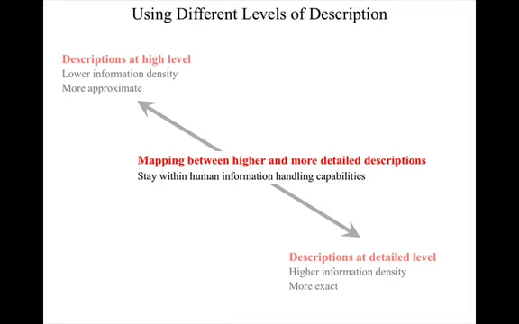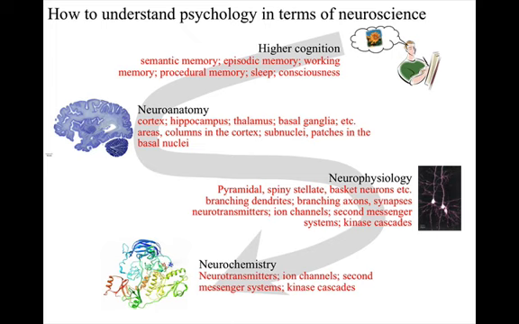So the critical question is whether such a hierarchy of description exists for the brain. In other words, can we relate higher cognitive phenomena, like creating a painting, to activity in different anatomical structures, then to neuron activity, and ultimately to neurochemistry?